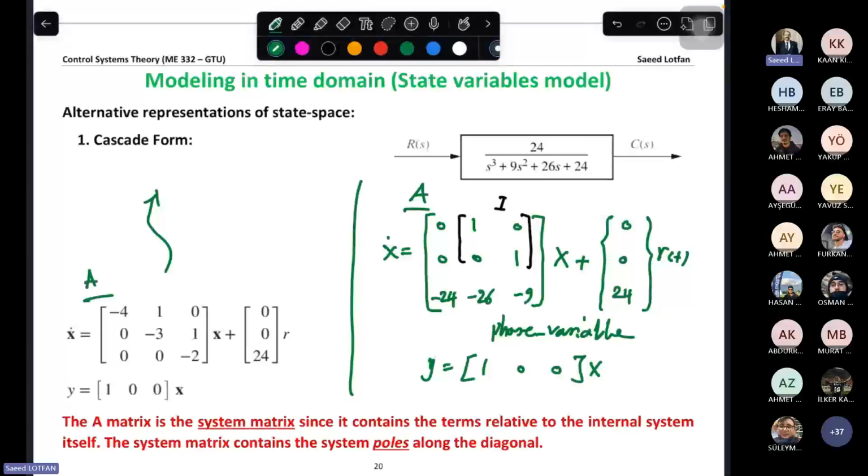The A matrix is the system matrix, since it contains the terms relative to the internal system itself. The system matrix contains the system poles along the diagonal. You see that these are the poles of the system. Clear?